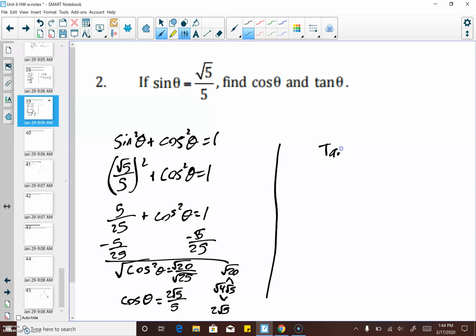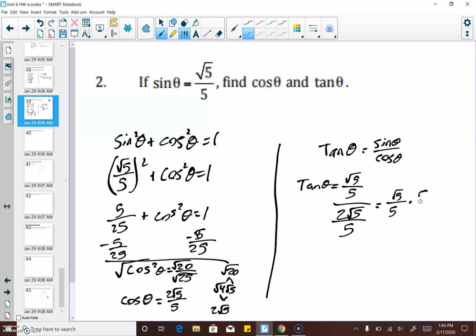As we go across and find our tan, again, tan is sine over cosine. We end up with square root 5 over 5 over 2 square root 5 over 5. So as we keep, change, flip that, we end up with square root 5 over 5 times 5 over 2 square root 5.